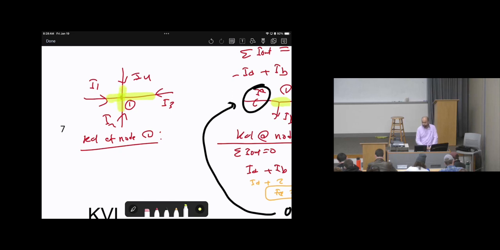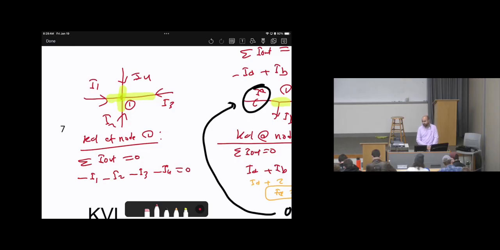So what do you think KCL will be? Sum of leaving currents equals 0. Then I1, is it entering or leaving? Entering, so we'll put a negative sign, right? How about I2? Negative I2. I3? Negative I3. I4? Entering, so minus I4 equals 0.